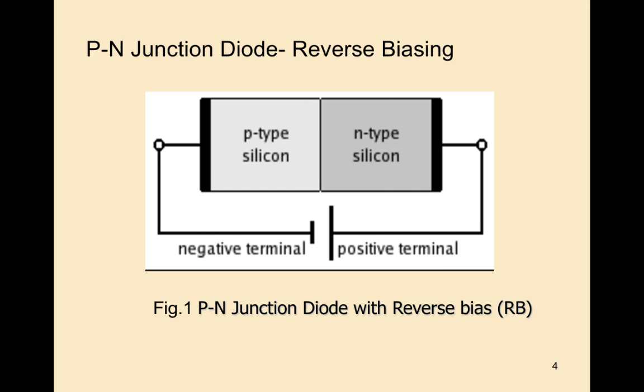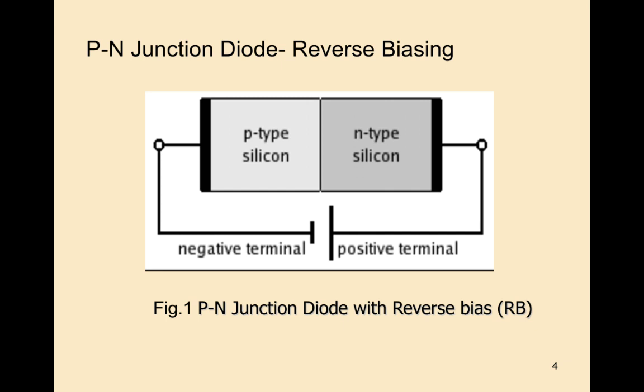So how do we connect the PN junction diode in reverse biasing? Take the battery as the external power supply. The battery positive terminal is connected to the n side of the semiconductor. The battery negative terminal is connected to the p side of the diode. So the battery negative terminal is connected to the anode of the diode, and the battery positive is connected to the cathode of the diode.